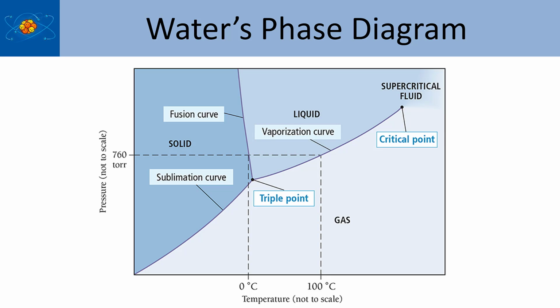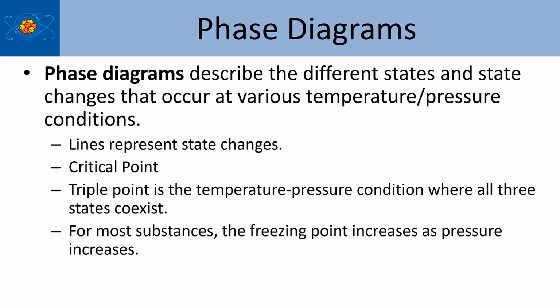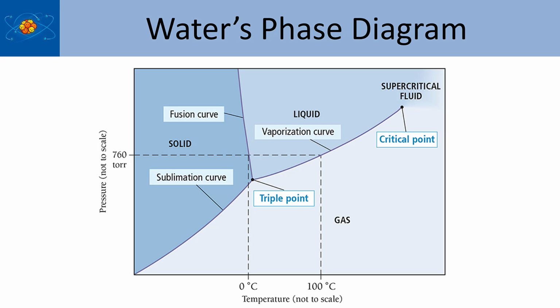So for example, if you're at this temperature and pressure and you increase the temperature, at this point you'll be transforming into the gas phase from the solid state. So these lines represent the state changes. There is something called a critical point, and we'll spend a little bit of time talking about it.